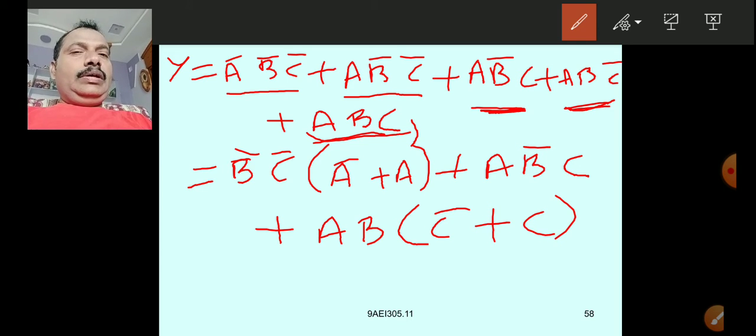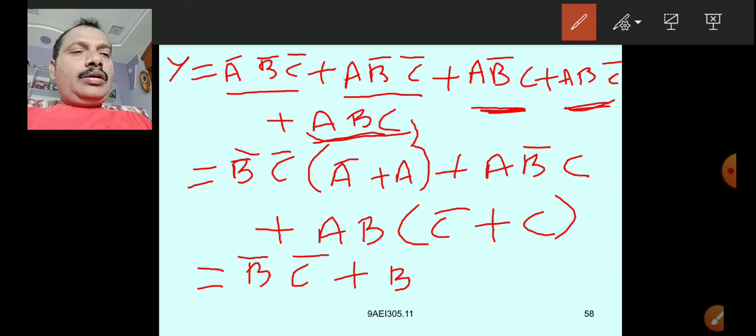Now we know that in the brackets a bar plus a is there, that becomes 1 by Boolean law. So b bar c bar. Next, you have A B bar C, plus C bar plus C becomes 1, so AB.